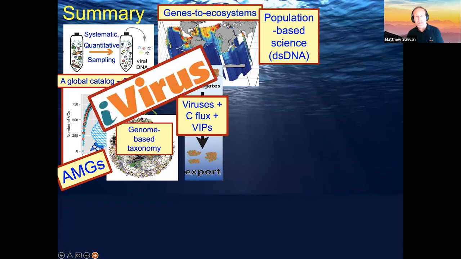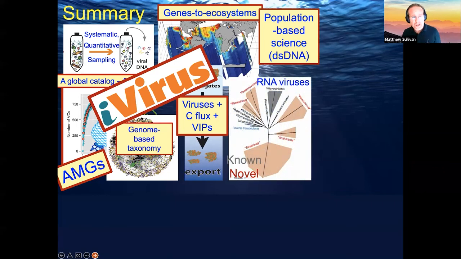And I will say all that is wrapped up in a toolkit that's available publicly, along with many resources at iVirus, which is publicly available on the NSF cyberinfrastructure, CyVerse. I then said it's not just DNA viruses, there's also RNA viruses, and surveying the global oceans let us see 5 additional phyla beyond the 5 known phyla of RNA viruses.